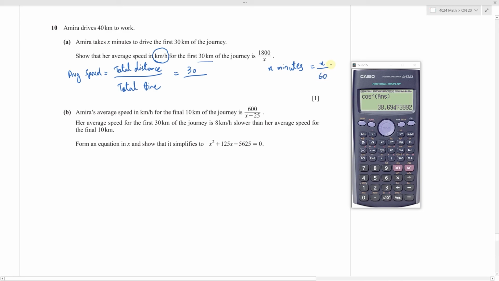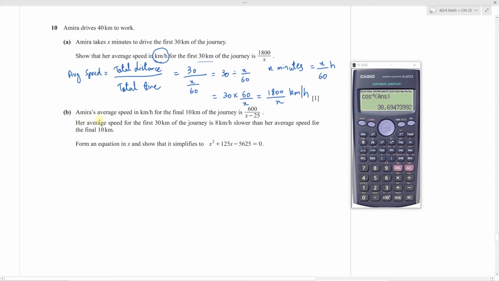So X over 60 hours. So this is 30 divided by X over 60. That means if I change this to multiply, I'll take the reciprocal, 60 over X, which is 1800 over X kilometers per hour. So that's what you had to show.